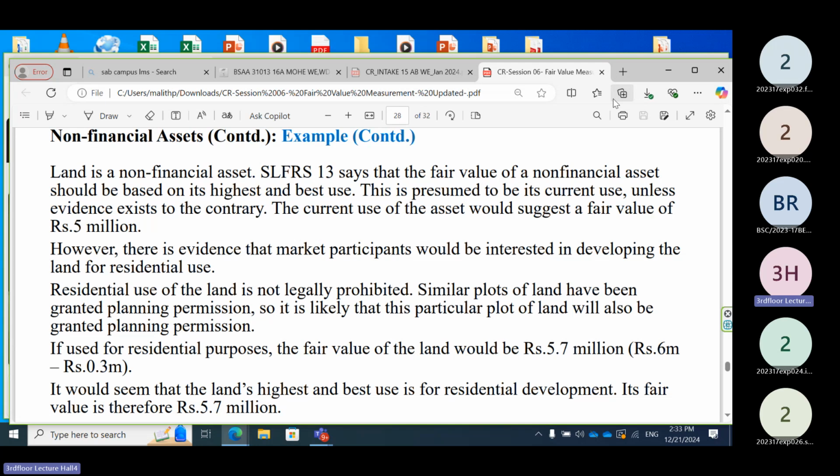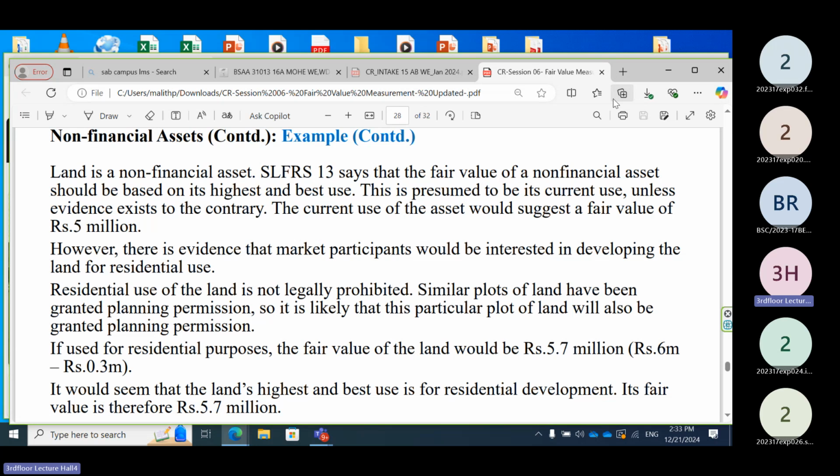However, there is evidence that market participants would be interested in developing the land for residential use. The residential use of the land is not legally prohibited. Similar plots of land have been granted planning permission. So it's likely that this particular plot of land will also be granted planning permission for residential purpose.